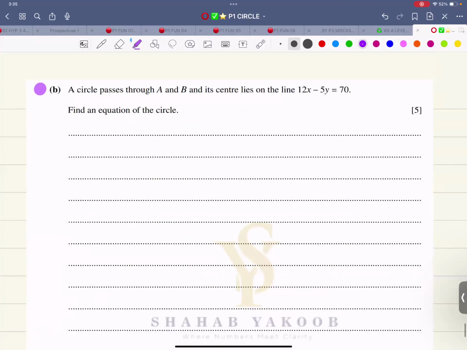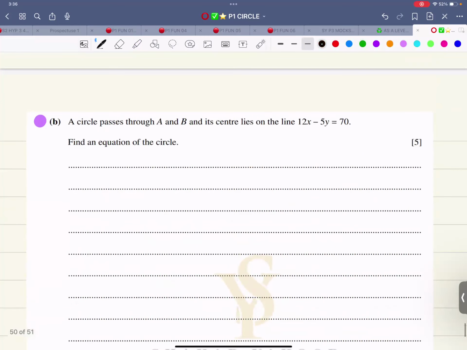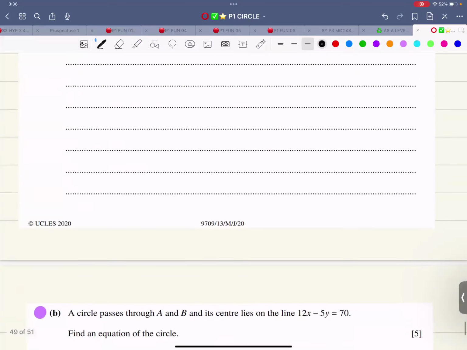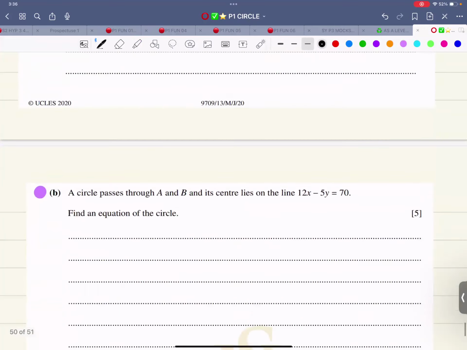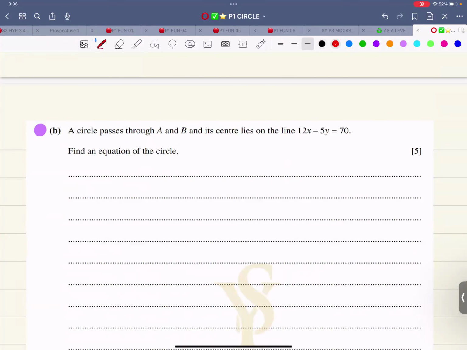Second part: a circle passes through A and B and its center lies on this line. Find the equation of the circle. First of all, a circle passes through A and B, right? Do not assume that AB is the diameter, because it does not say so.